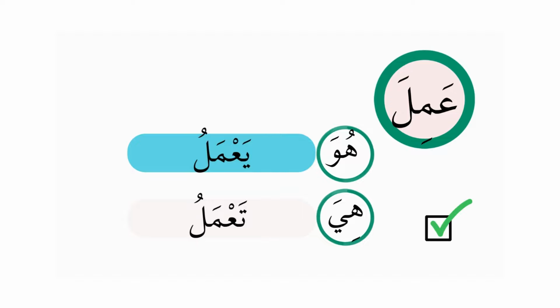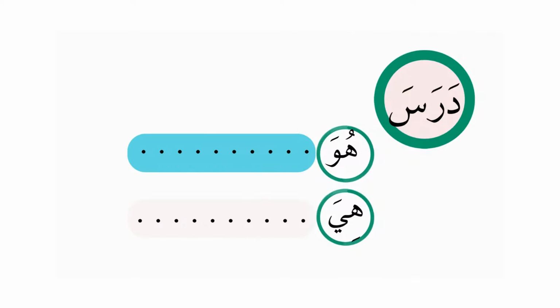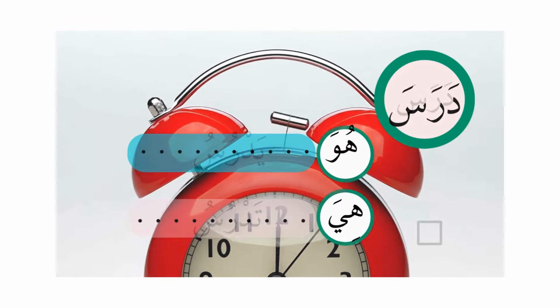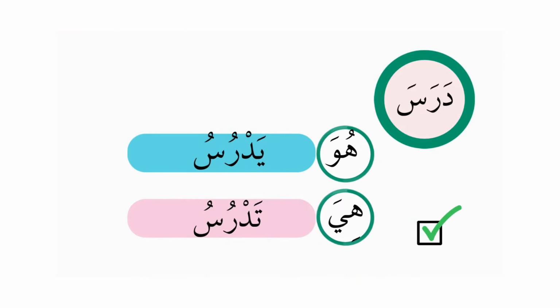That's right. هو يعمل، هي تعمل. Doing awesome. How about the verb درس with هو and هي? That was amazing. You got it right. So درس: هو يدرس، هي تدرس.